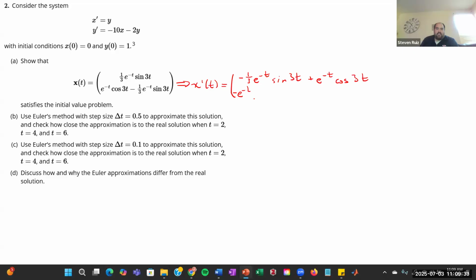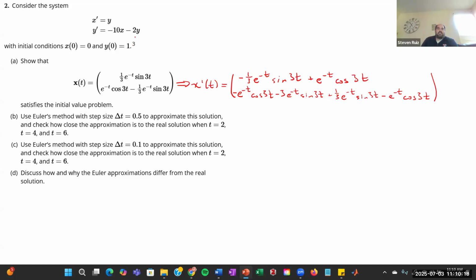Negative e to the negative t cosine 3t minus 3 e to the negative t sine 3t plus 1/3 e to the negative t sine 3t minus e to the negative t cosine 3t. Okay, so I believe that's my derivative of both x and y.